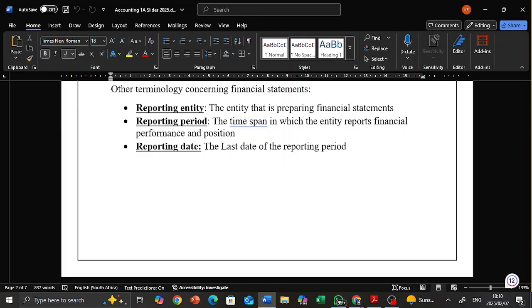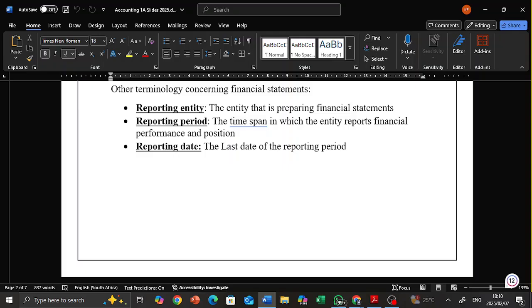Reporting period is going to be a year for you guys, in most cases. I hope they don't throw any curveballs or special cases, but the reporting period is the year in which all the accounting elements were accounted for, all the transactions and events happened in the reporting period, which is usually 12 months.